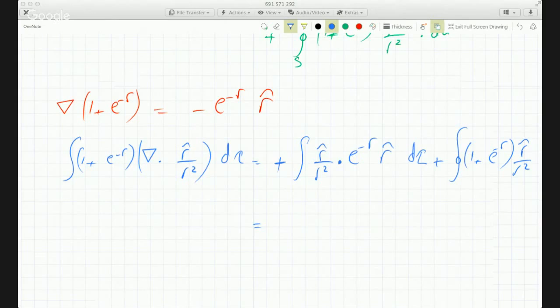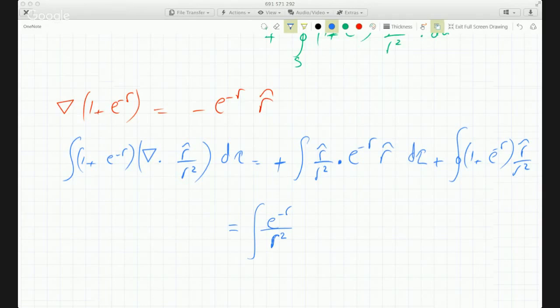So this is e to the minus r over r squared, and r dot r is just 1 because the angle between them is 0, right? d tau.